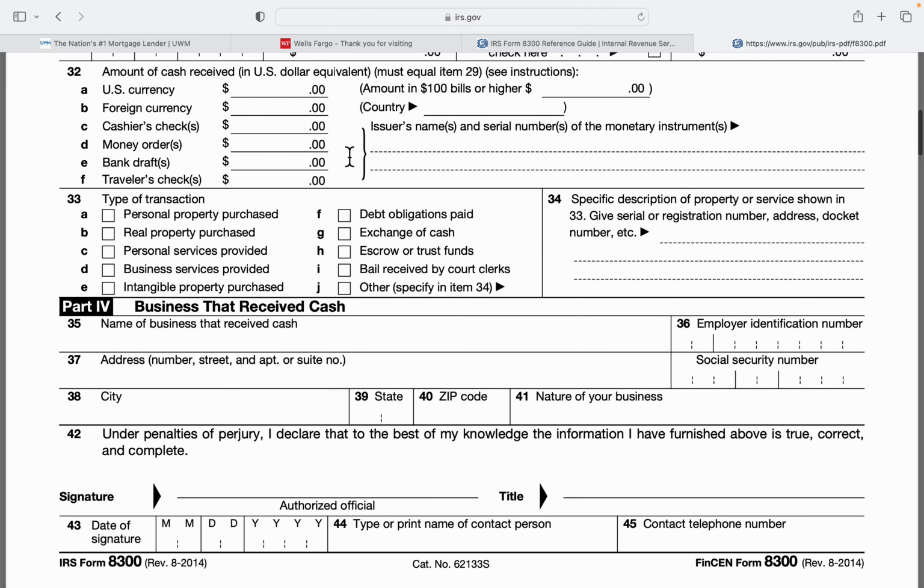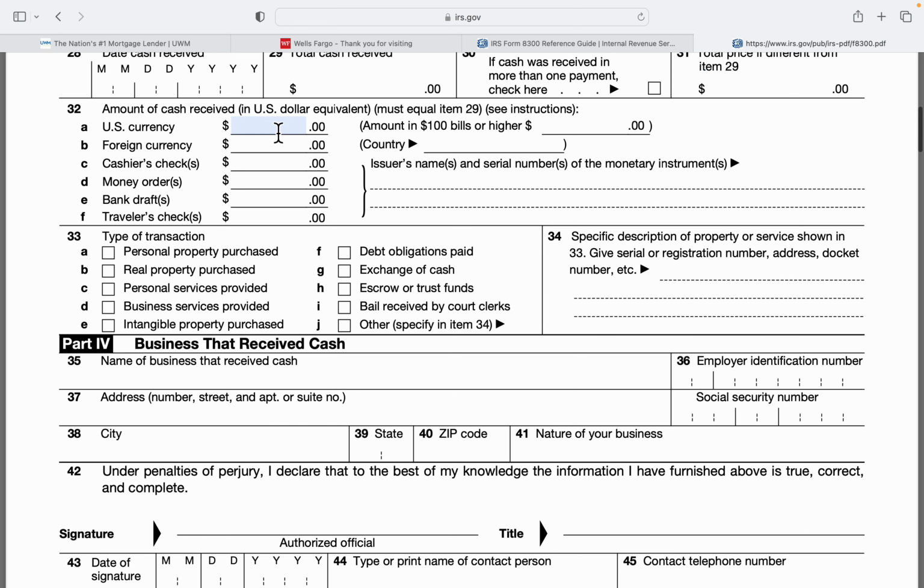In box 32, you will list the description of the transaction. So if you receive $10,000 in cash, you will write that here. If you receive $5,000 in U.S. and $5,000 in foreign currency, you will list that there.